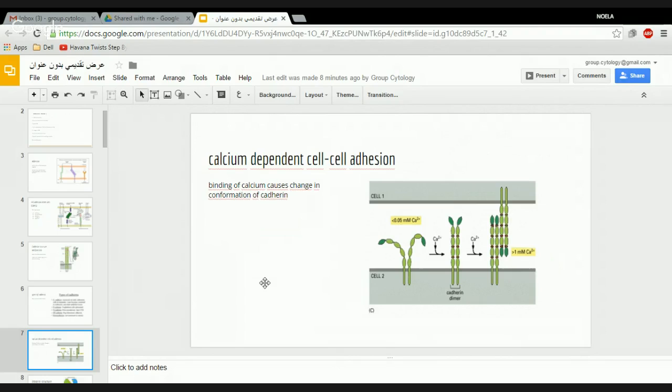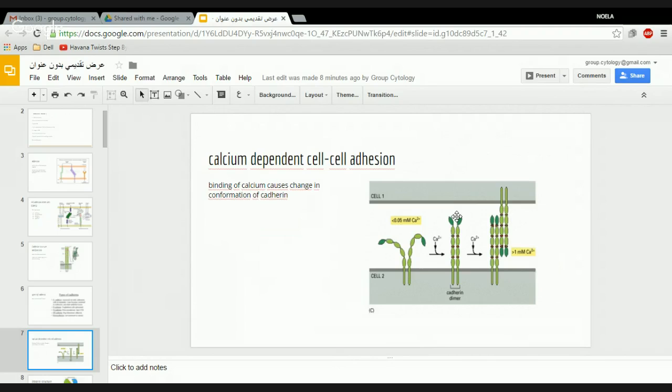Calcium-dependent cell-cell adhesion. How does calcium binding lead to cell-to-cell adhesion? When calcium binds to the cadherin repeats located at the N-terminal of the cadherin molecule, it rigidifies the cadherin molecule and exposes residues that form the dimer interface.